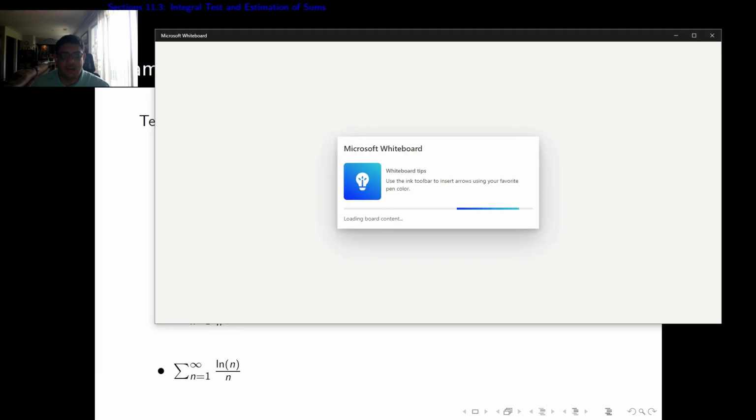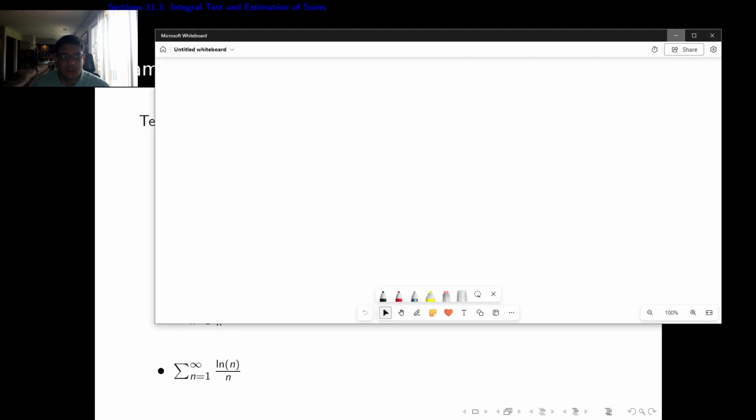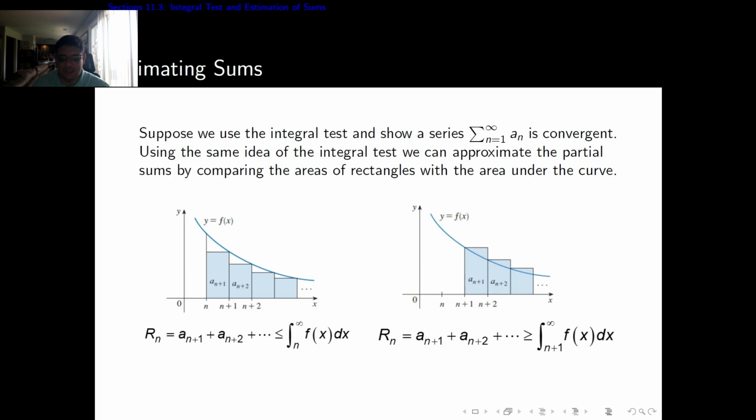Now let's go back to the problem of just doing this for the sake of estimating the sums. So if we're estimating the sums, remember that we are using the integral test, and so the integral test is approximating a lot of this by Riemann sum. So we can kind of take the Riemann sum at the endpoint and use it to estimate what the partial sum is going to be.